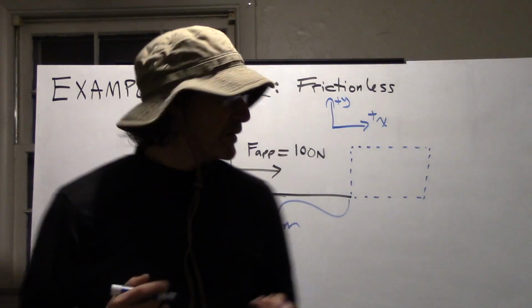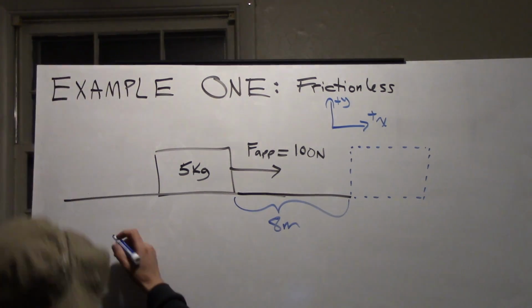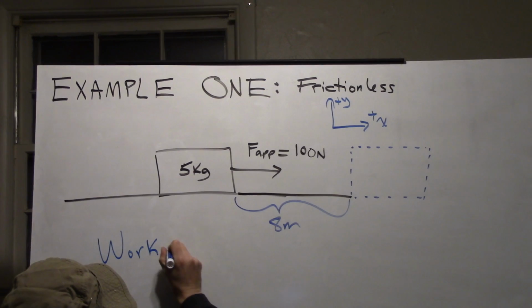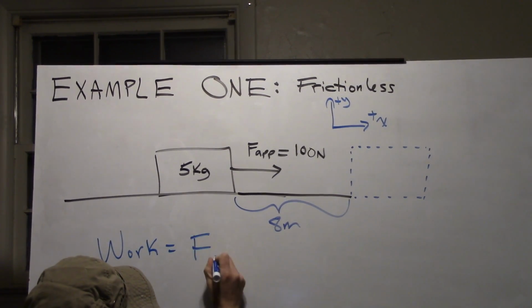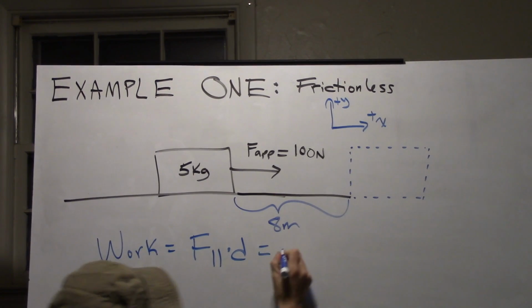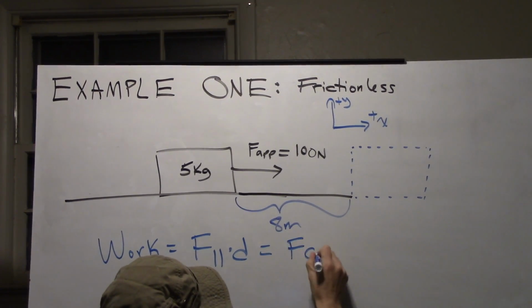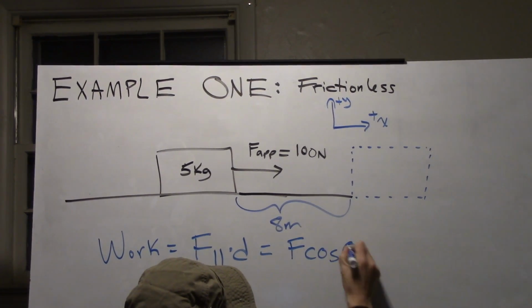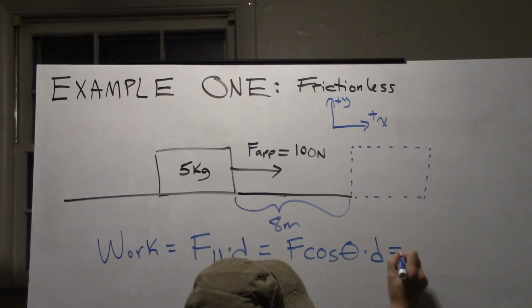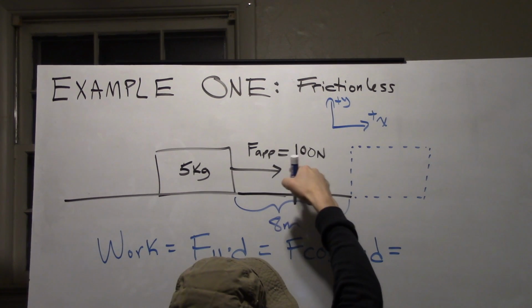We want to calculate the amount of work performed on this object by this force. So by definition, we have work is equal to force parallel times d, or that's also force times the cosine of the angle times d. And the cosine of 0 is 1, so this is 0 degrees.